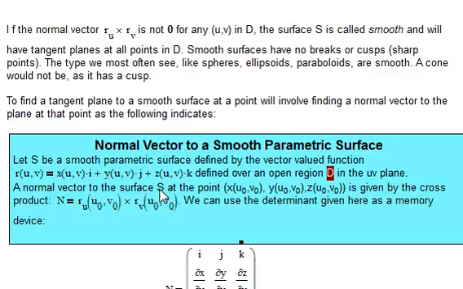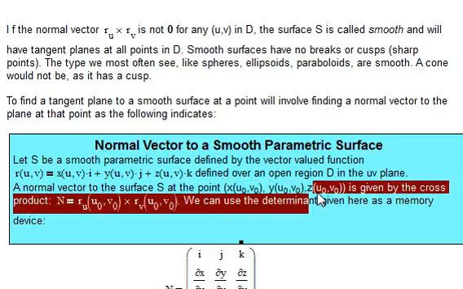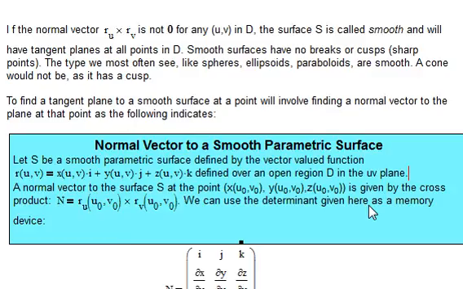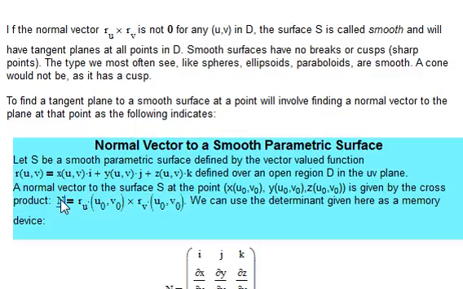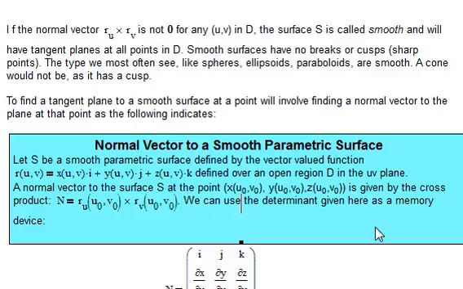A normal vector to the surface S at the point x of u0,v0, y of u0,v0, z of u0,v0 is given by the cross product, I'm calling it n, but it's a vector, r_u of u0,v0 crossed with r_v of u0,v0.